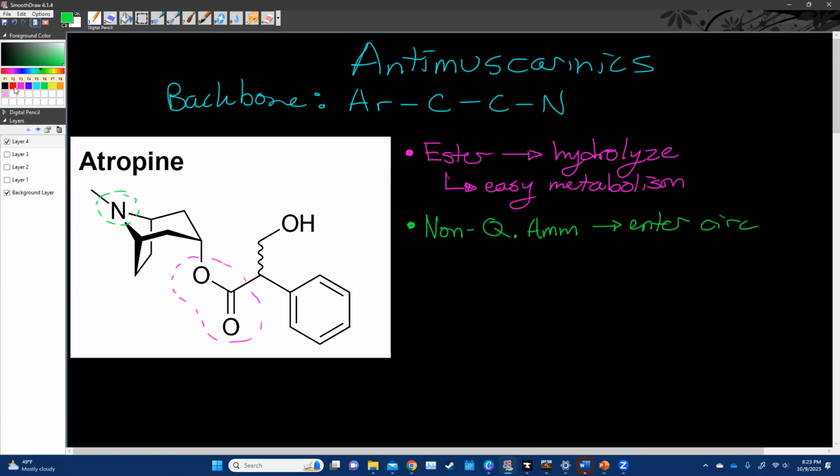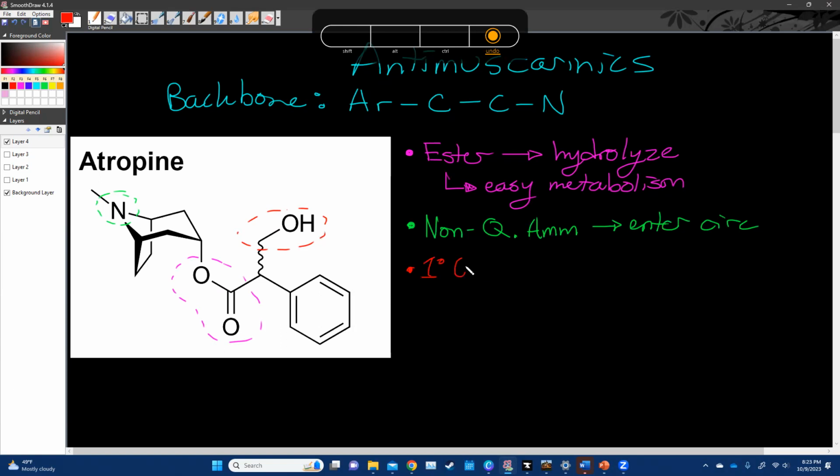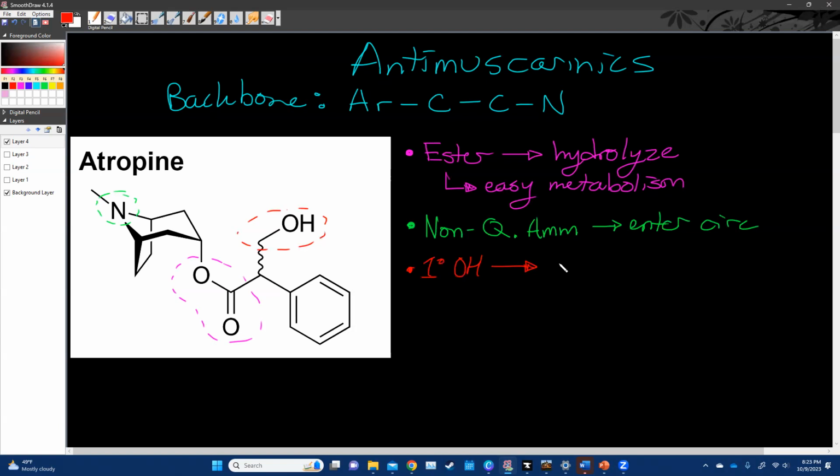One of the drawbacks to atropine is that we have this primary alcohol. This primary alcohol is very, very, very hydrophilic, which means that we're going to decrease the lipophilicity of atropine.